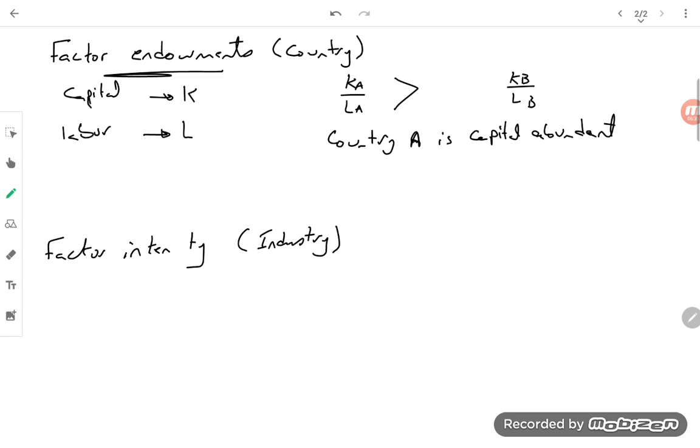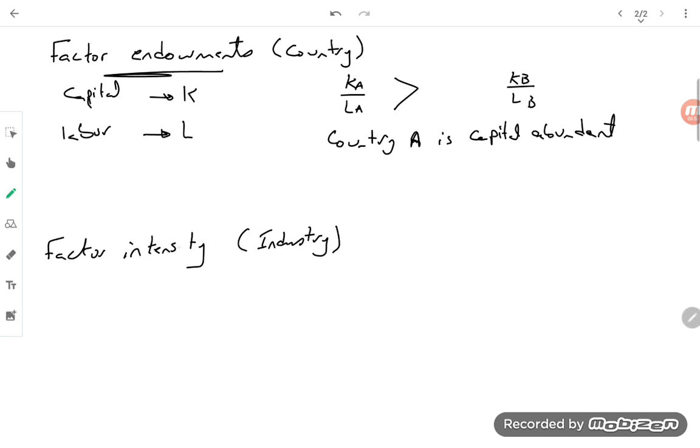Capital abundant means that it has a greater capital labor ratio compared to the other country. And we are going to do the same with respect to labor in order to identify which country is labor abundant.